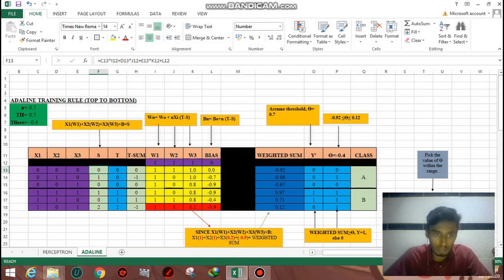And the same goes for all the rows. We can obtain the answer using this formula.